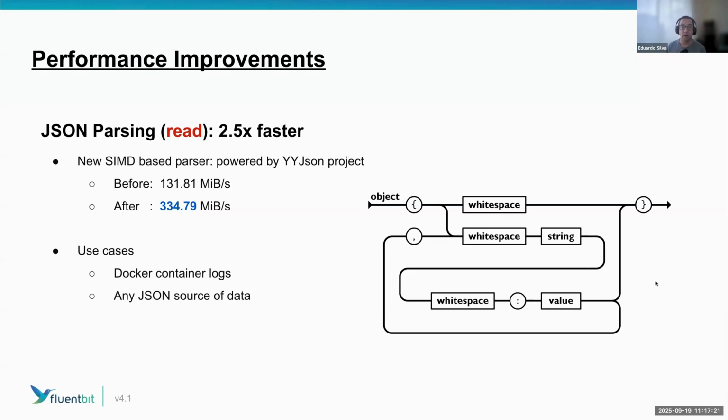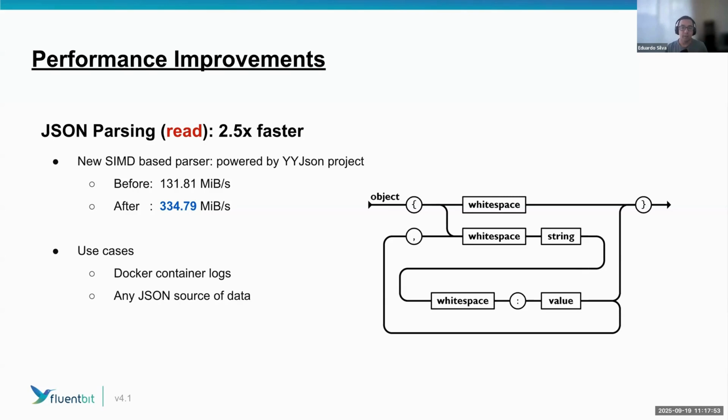If you compare SIMD enabled versus SIMD disabled, we wrote a simple benchmark tool to compare the non-SIMD version with the SIMD version over a large JSON text. Before, we were able to process, at least on one of my development machines, 131 megabits per second. But when SIMD is enabled, this jumps to 334, so 79 megabits per second.